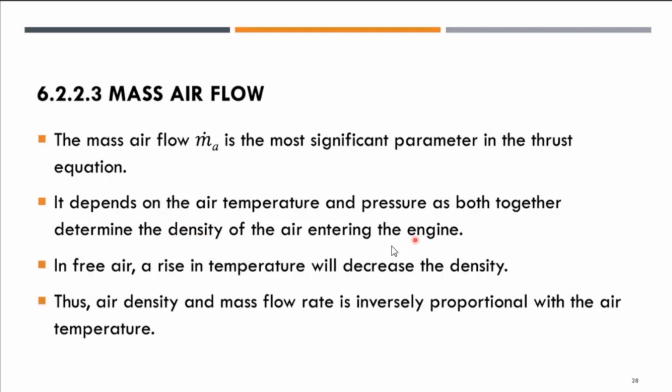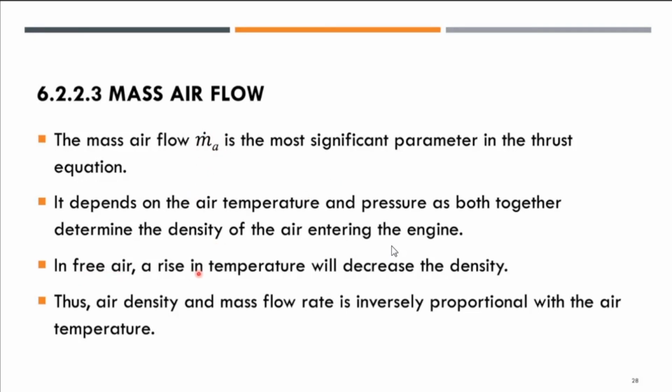Imagine you are traveling at a high altitude where density is less; that results in fewer air molecules going into the engine compared to at sea level. At sea level the density is higher, so more air molecules can go into the engine. It is just a simple analogy for the condition of the mass flow. The more air going into the engine, the higher the thrust will be.